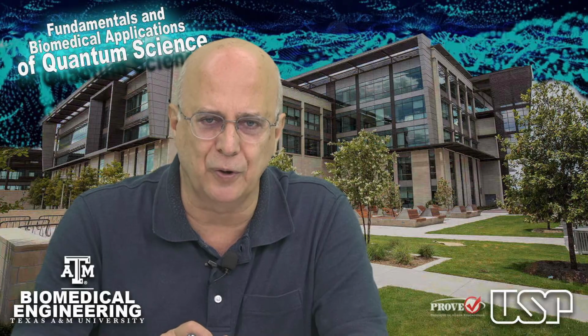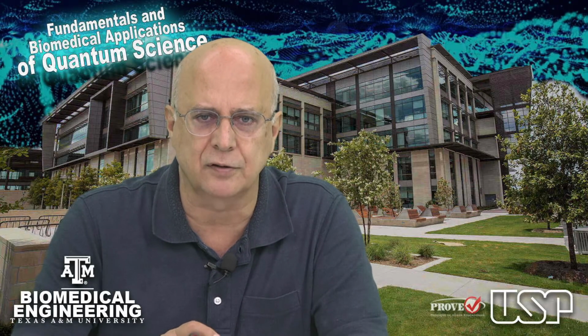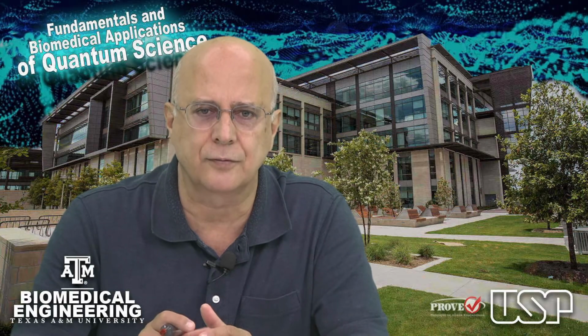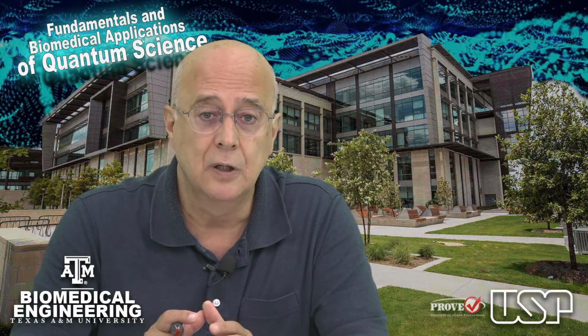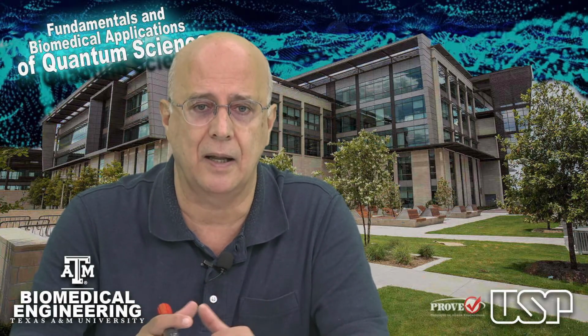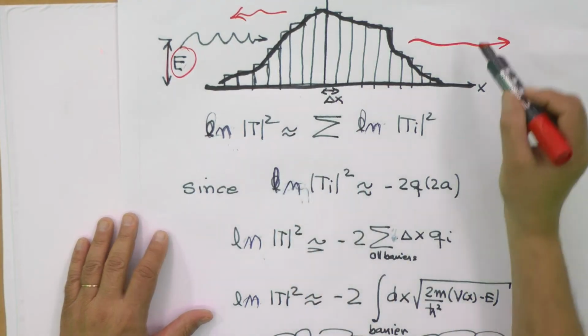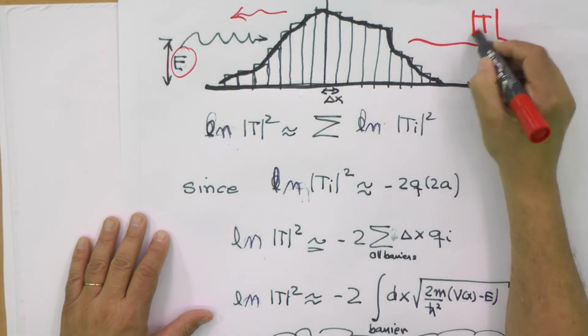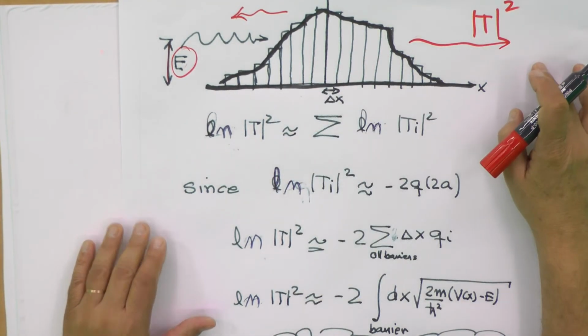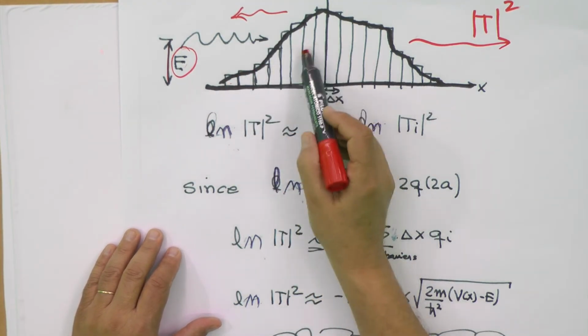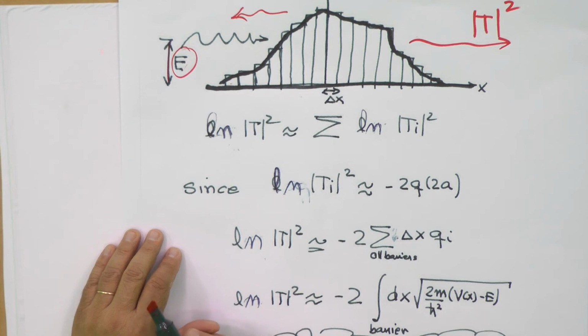But you also know that it's very nice to transform a product into a sum. We like to transform products into sums because a sum is integration in mathematics. So I'm going to get that expression that says the total probability of transmission through this barrier is the product of the probability of tunneling in each barrier.